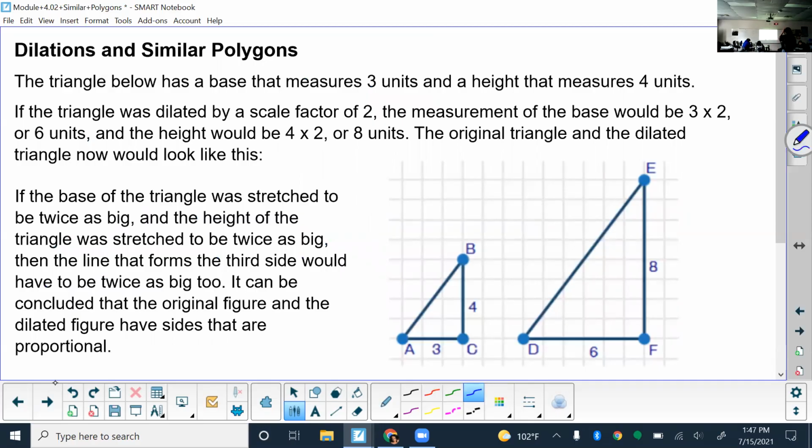All right, so next one. Dilations and similar polygons. I'll try to just help you with the important stuff here because it is all repeating itself. So triangle has a base of 3 and a height of 4. And it's proportional to this dilated triangle because we know that dilated images are proportional. So it has a base of 6 and a height of 8.